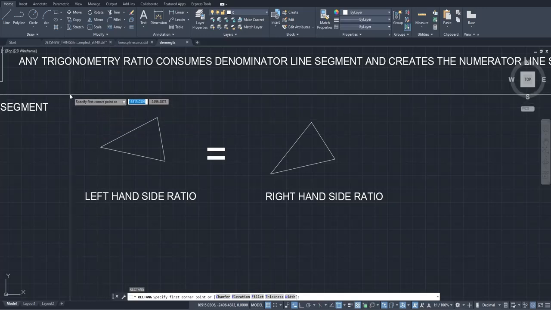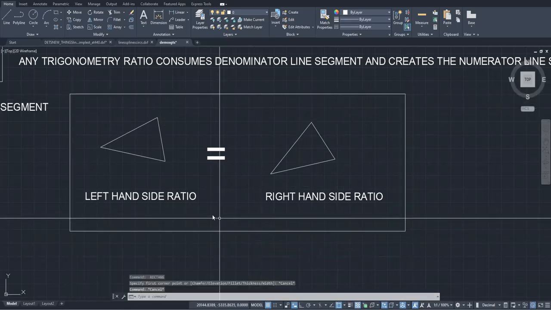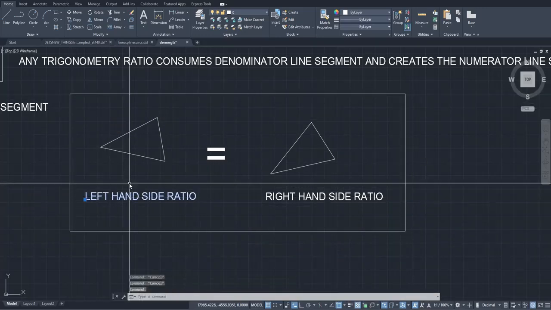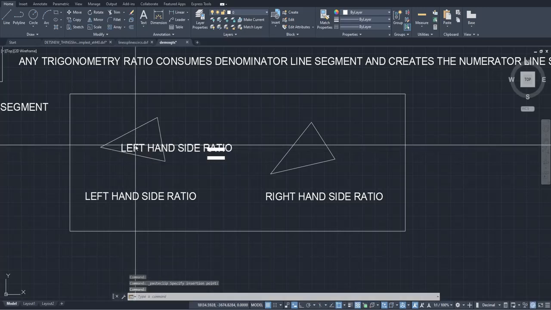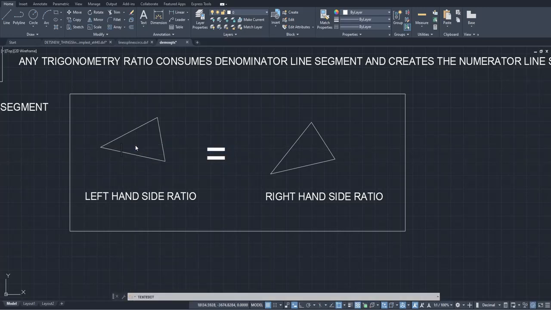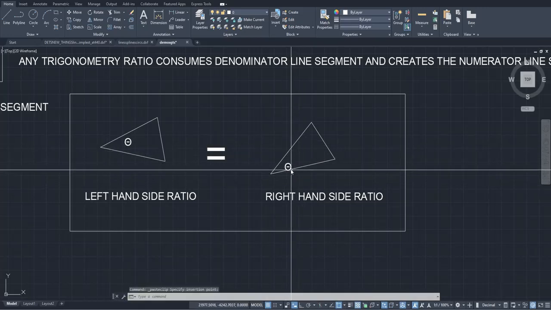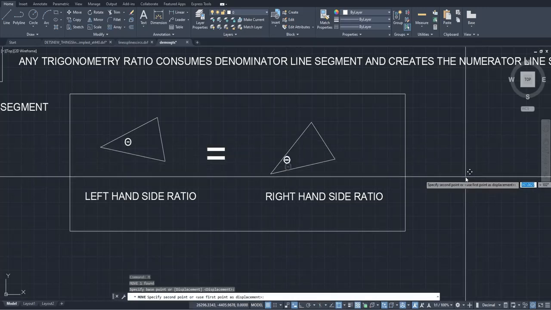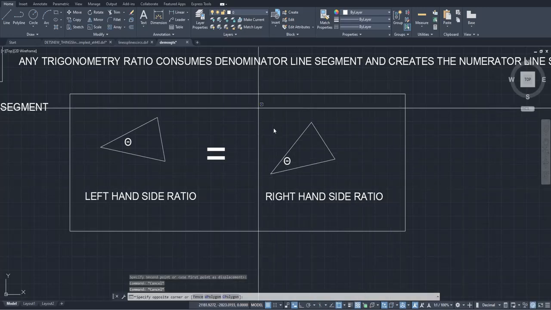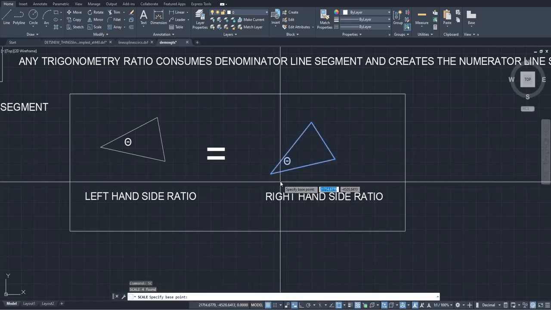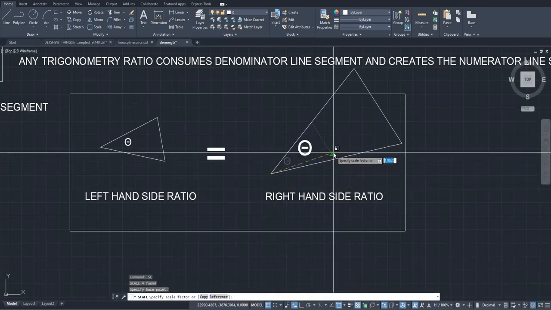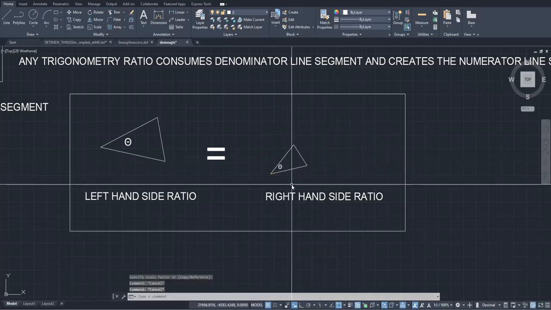So whenever the same seed angle is involved, suppose there is a seed angle theta, and here is also the seed angle theta, and they are in the rotated form or in the scaled form, the ratio remains the same.